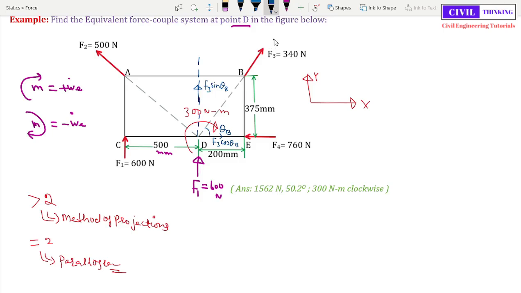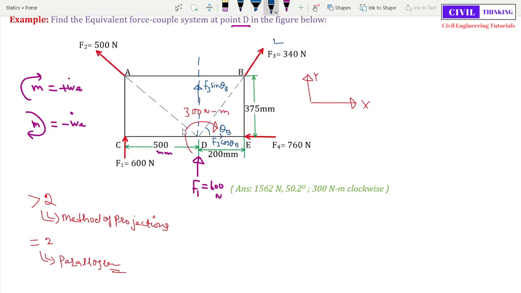Okay, we have resolved this force. Now we don't have to resolve the force F4 because it's already in the x direction, so its y component will be 0. This F1 force is only in the y direction, so its x component will be 0, so we don't have to resolve it either. Now look at this F2 force.